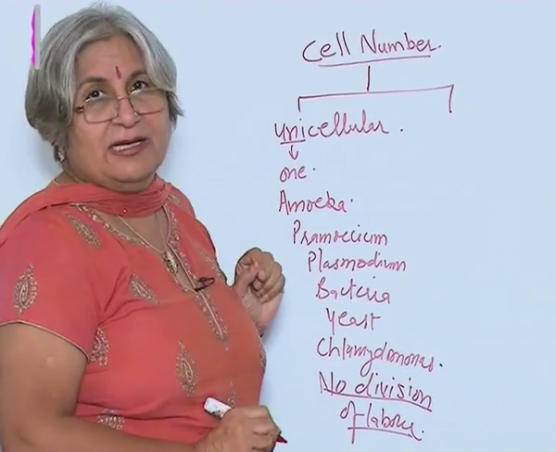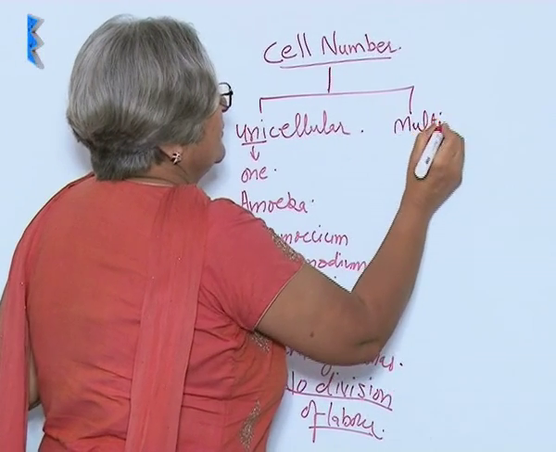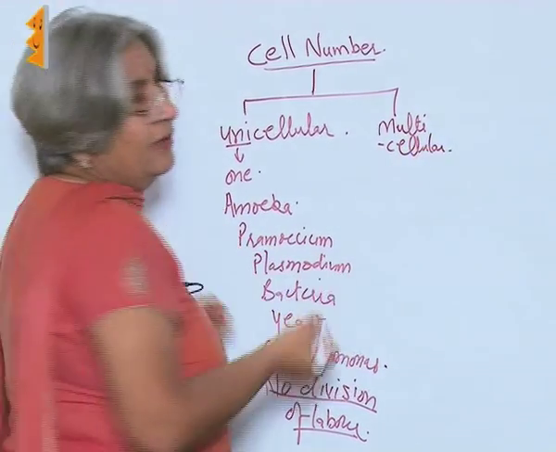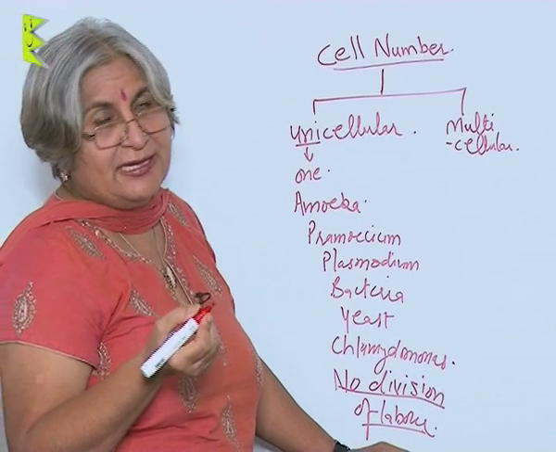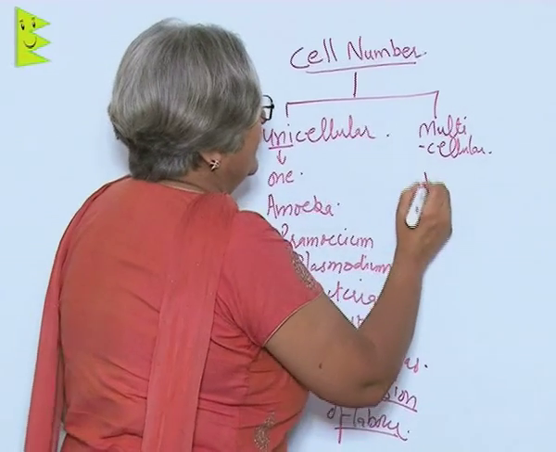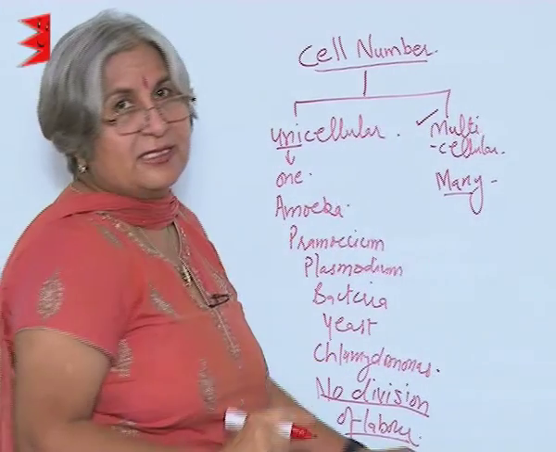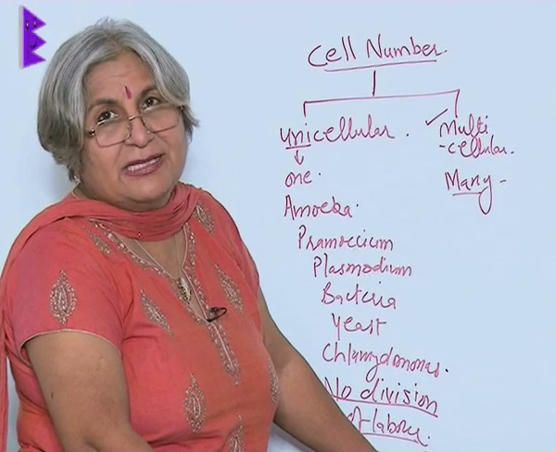The second type of organisms are multicellular. The meaning of multi, you must know, from the multiplexes where you go and watch movies. Multi means many, as in multimedia. Wherever the word multi comes, whether it is multiplexes or multimedia, it means many.